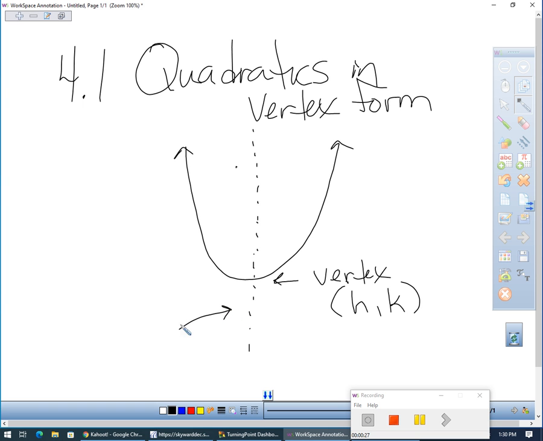That vertical line is what we call the axis of symmetry. And that axis of symmetry is always x equals the h value. Okay? Still doing all right.